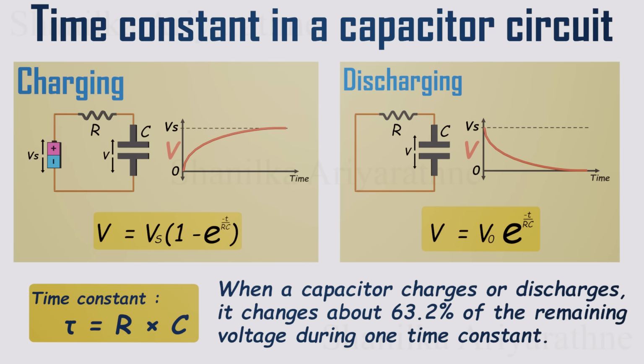So in both charging and discharging after one time constant, the voltage changes by about 63.2% of the total difference, whether it's going up or going down. I think now everything should be really clear. You know what the time constant is, what it means, and how to calculate it. At first, these ideas might seem a little complicated, but once you start working with them, it becomes much easier.